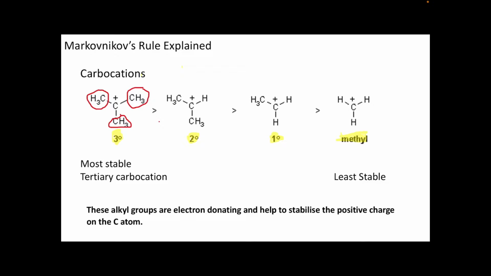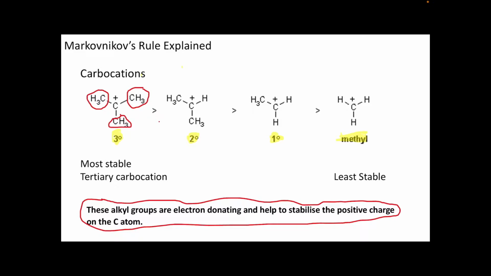We say that alkyl groups are electron donating. So the presence of those electrons close to that positive charge just helps to stabilise the carbocation. So the more alkyl groups you've got on a carbocation, the more stable the carbocation is.